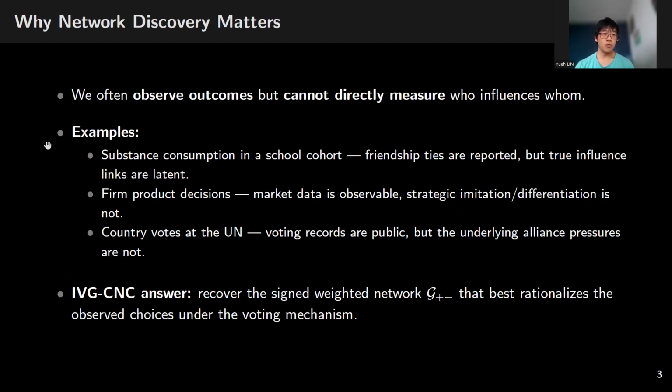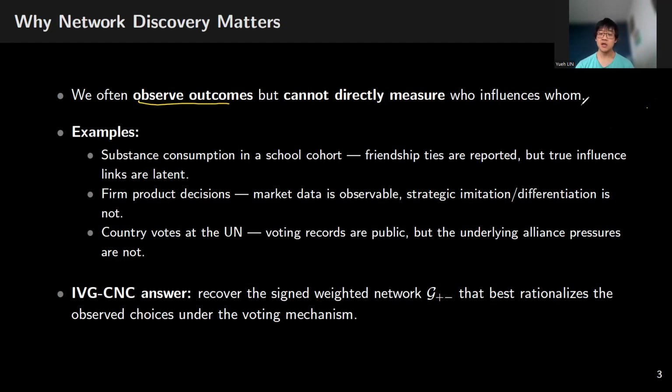So why do we care about network discovery? Because in several applications that comes naturally, we often observe the outcomes, but we cannot directly influence and measure who are the influencers of these outcomes, if there exist any.